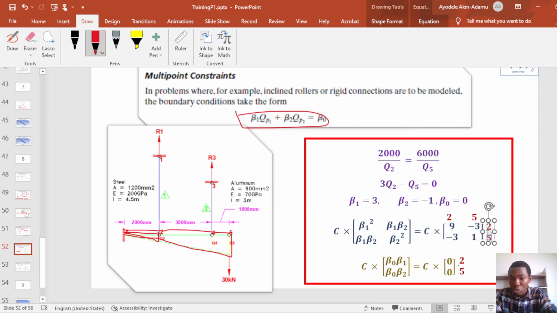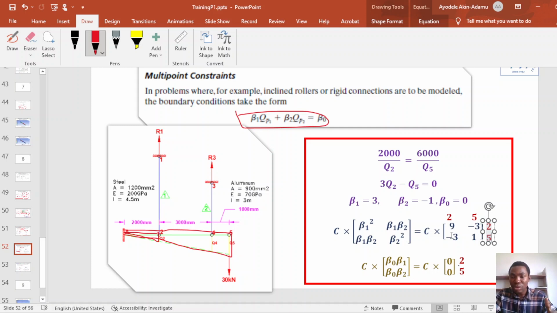But note the node numbering: we consider the boundary conditions at node 2 and node 5, so 2, 5 along the row and 2, 5 along the column. So we are going to add C multiplied by this matrix at positions 2 and 5 in the row and column respectively in our global stiffness matrix.